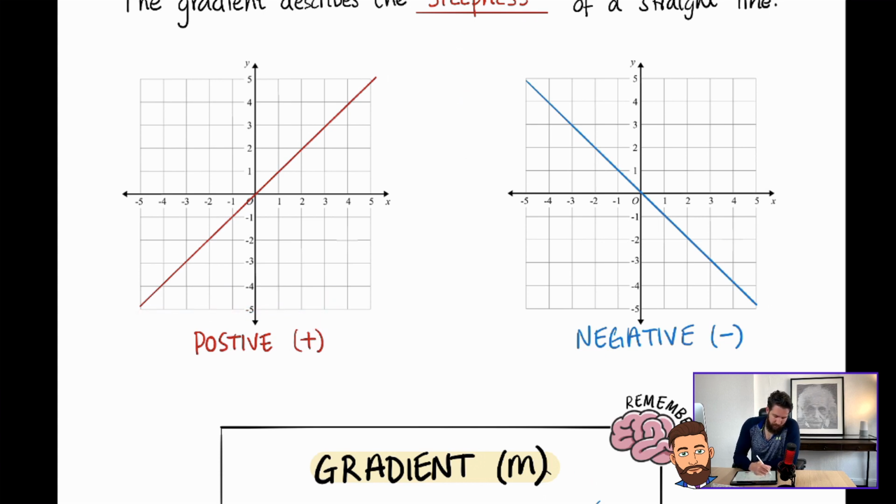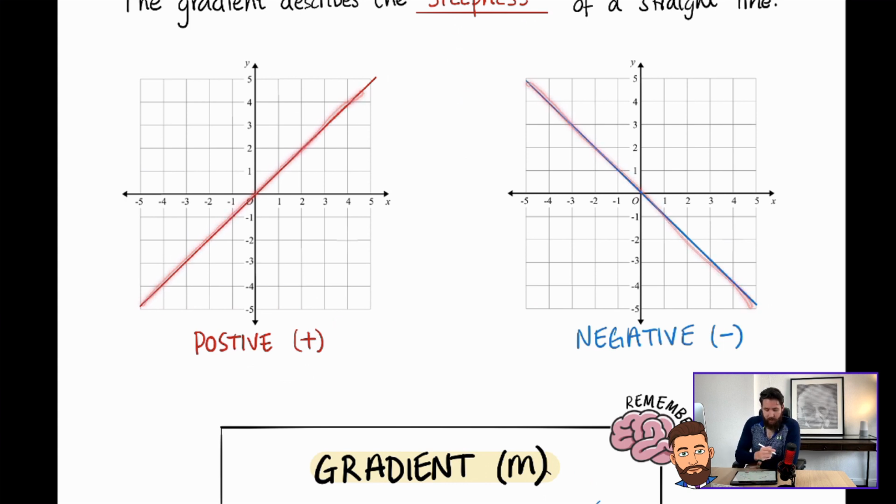If you think about a little stick man on this line starting at left, if he walks to the right, what would happen? He goes up, so it's positive. And if we put the same little stick man on the left of this graph here, if he walks to the right, he's going to be going down. So that is a way that you could decide whether it's positive or negative if you find it difficult to decide yourself.